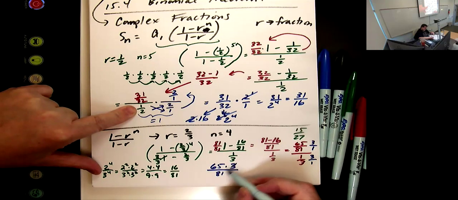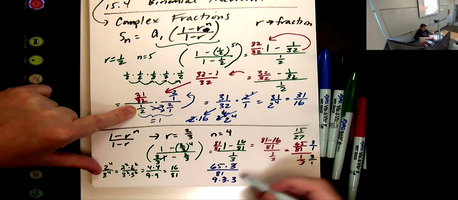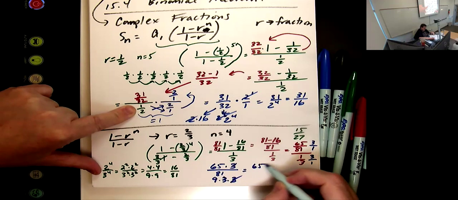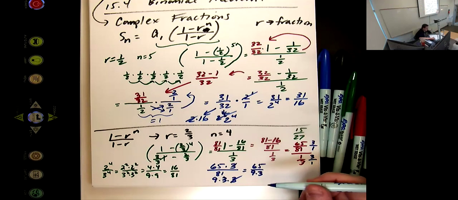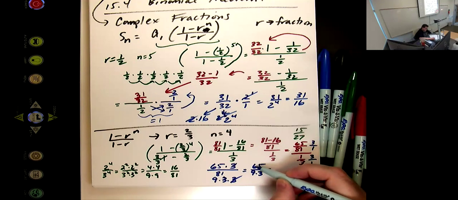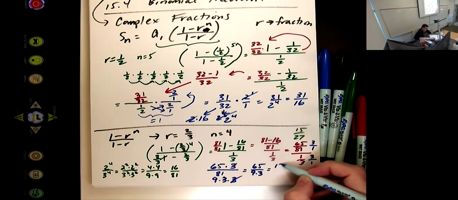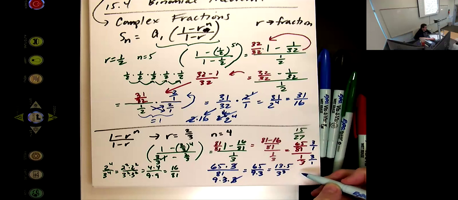Well, 81 is 9 times 9, and 9 is 3 times 3. So that 3 can cancel that 3, and I have 65 over 9 times 3. Does it clean up more? No. 13 times 5 on top, and this is 3 cubed, so there's nothing in common.